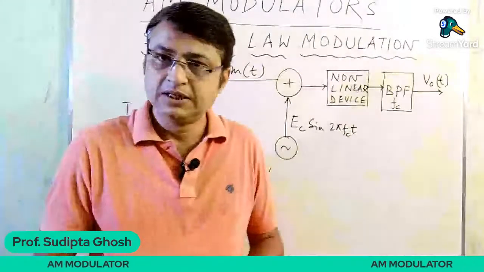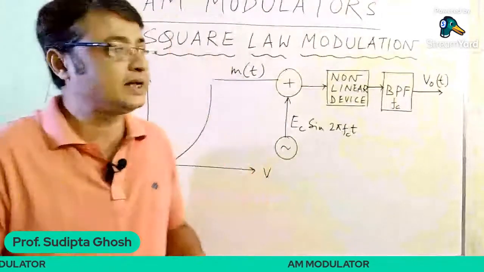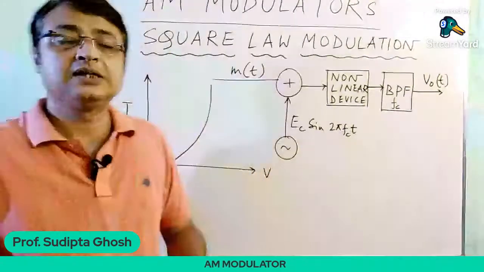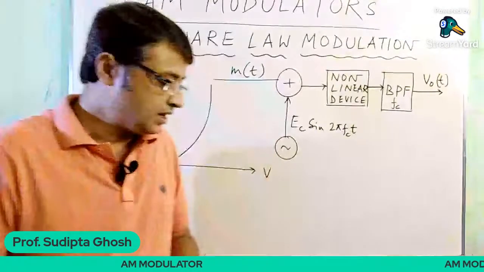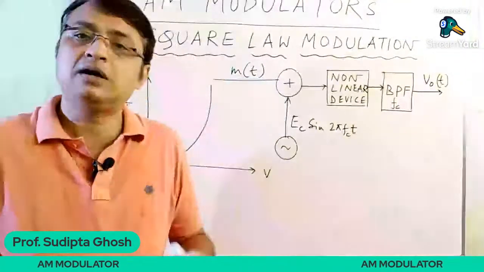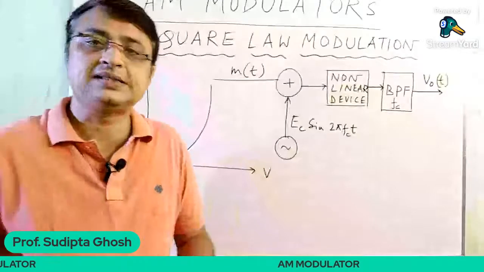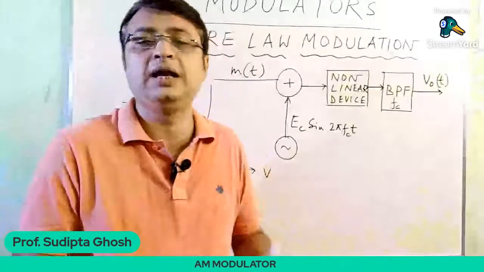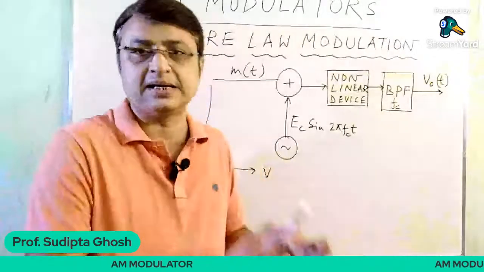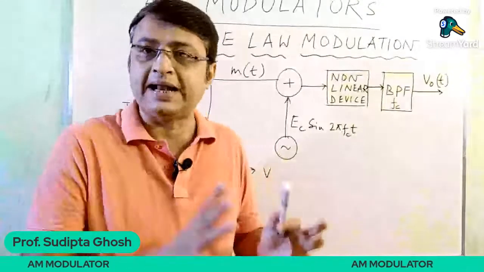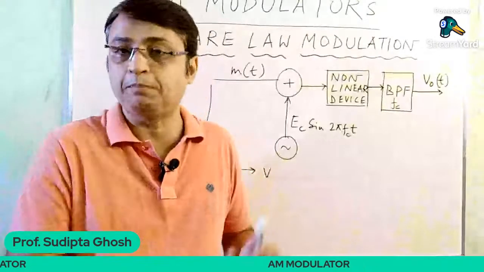So for the square law modulation, or the power law modulation, in this type of circuit we only require a summing circuit, a summer, that is an adder, not an adder amplifier but an adder.